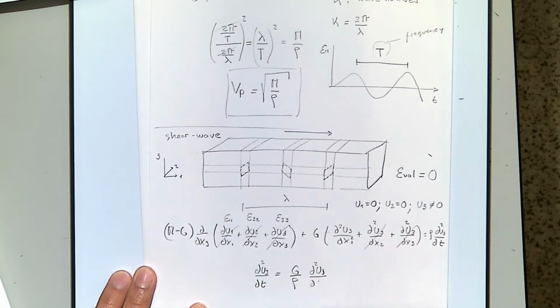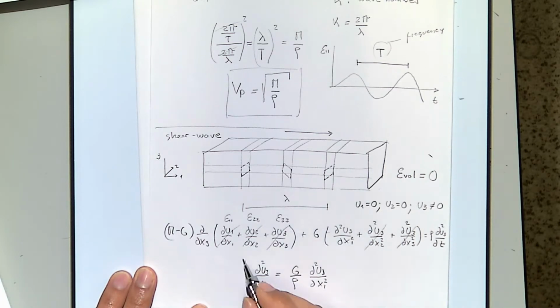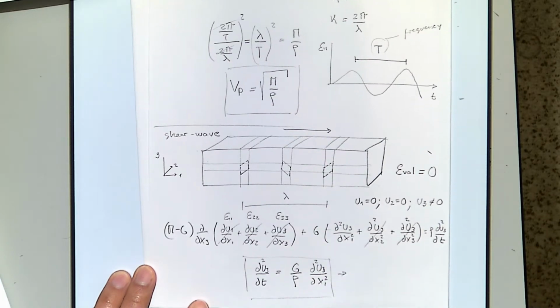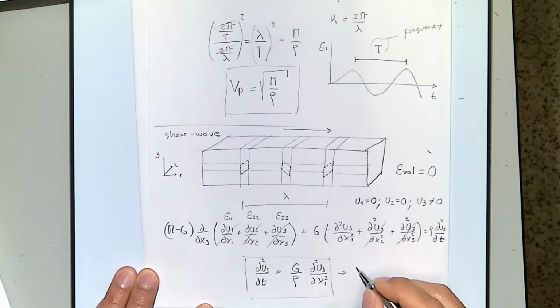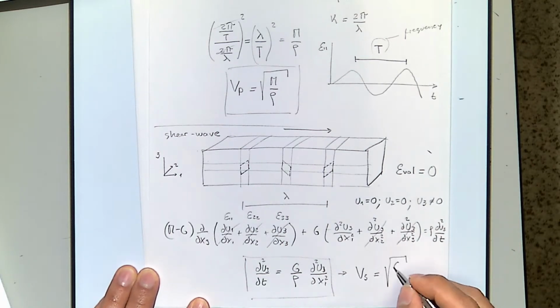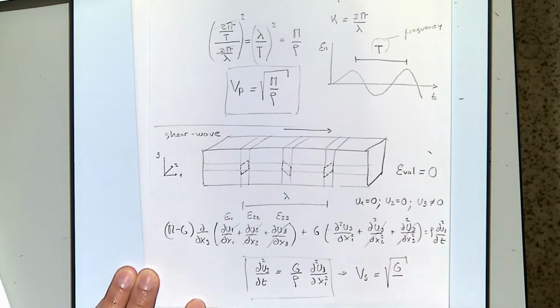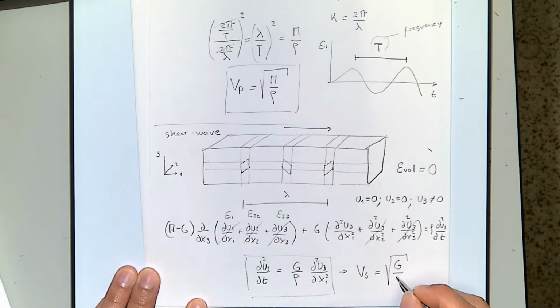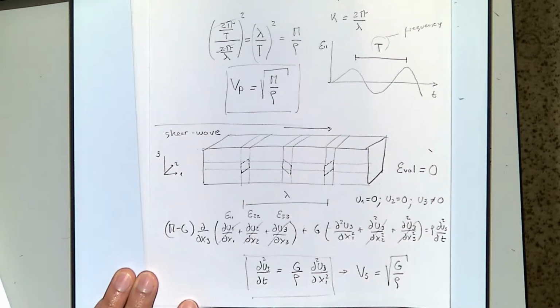You see, I always forget the 2's. And same as before, this is going to tell us what the shear wave is, and this is going to give us the shear wave velocity, which is the square root of the ratio of the shear modulus divided by mass density.